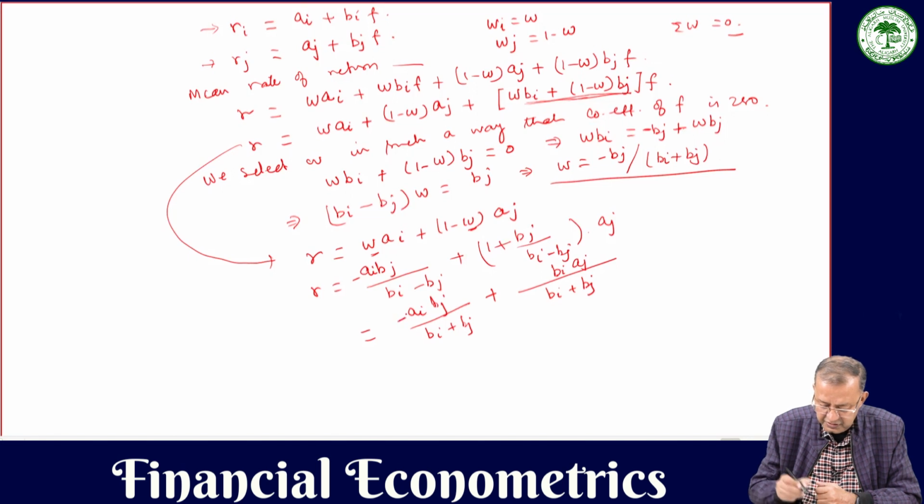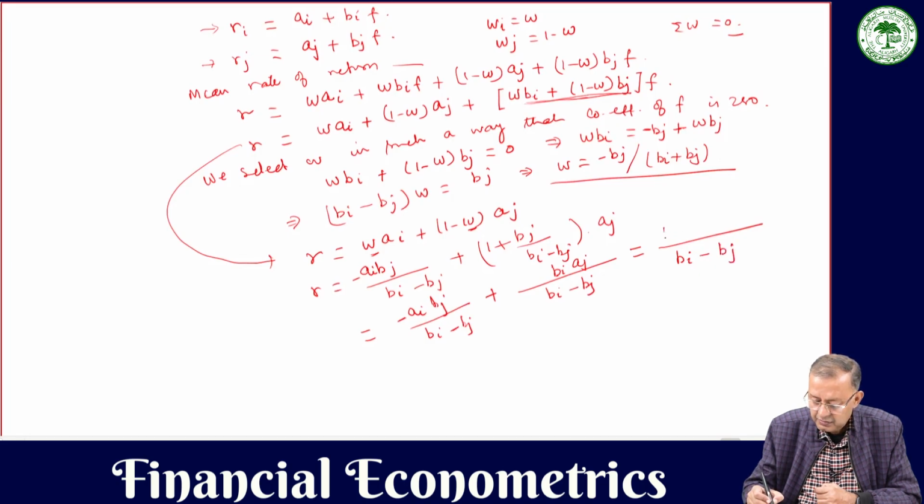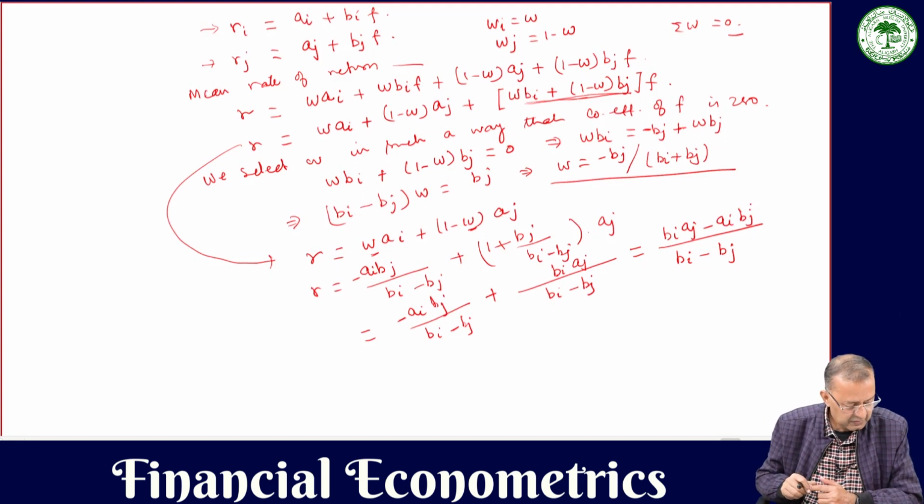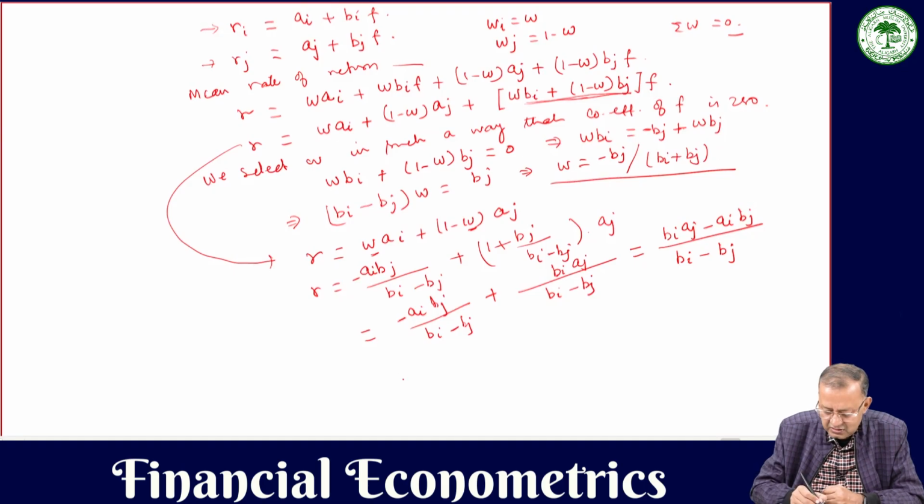So this will be Ai Bj upon Bi minus Bj. Multiplying both numerator and denominator, this can also be written as R is equal to Ai Bj minus Bi Aj divided by Bj minus Bi. This can be written like this.